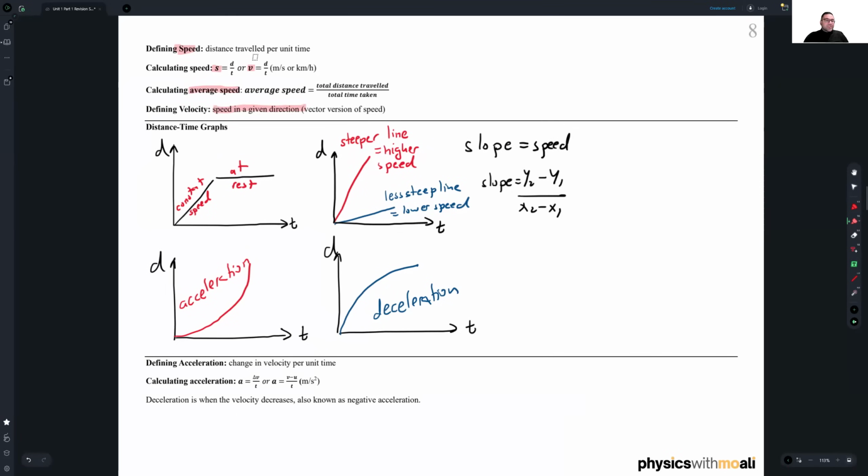How do I get average speed? Average speed is the total distance divided by total time. Now, the reason we sometimes ask you for average speed is because maybe a journey consists of multiple steps, like I'm moving from A to B. I traveled a distance of, I don't know, 3 kilometers in half an hour. It's very slow, by the way.